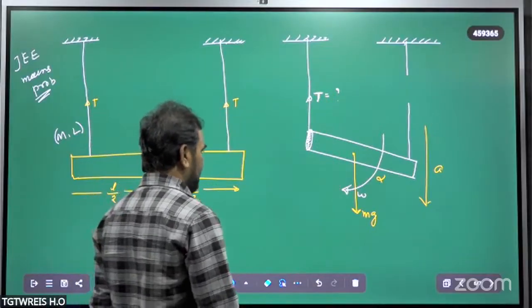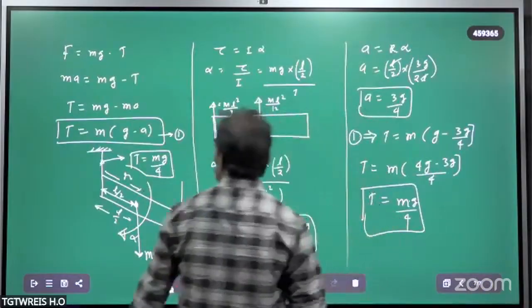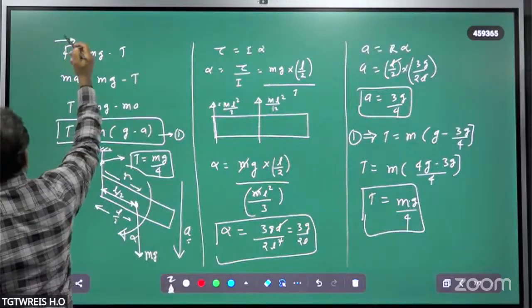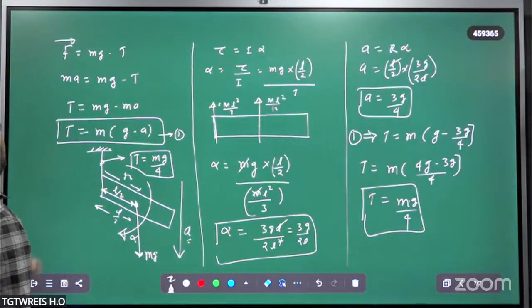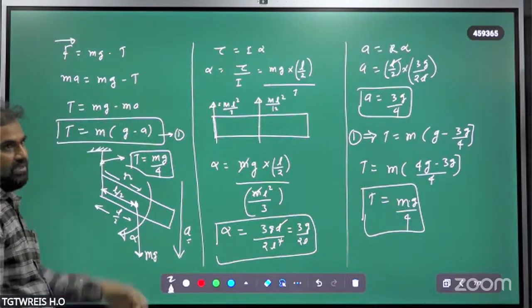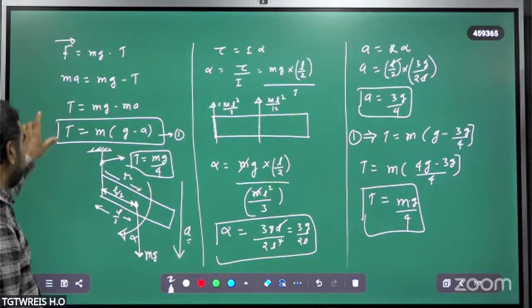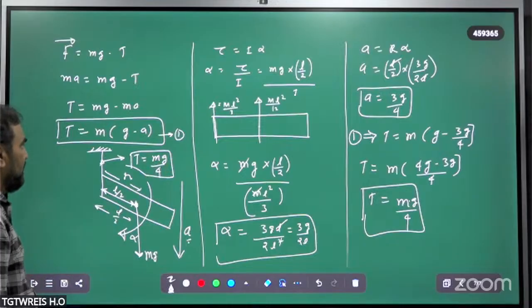We applied the free body diagram. It is very clear that the net force acting on the system is equal to driving force minus opposing force. So ma is equal to mg minus T, so T is equal to m into (g minus a).